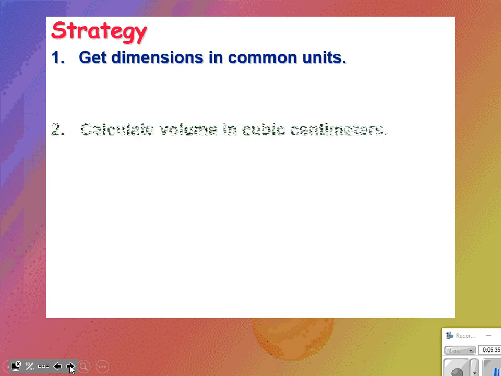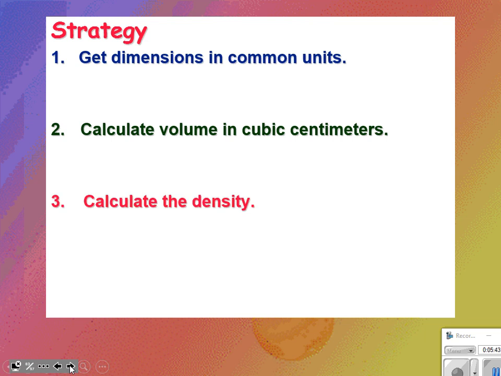We need to calculate the volume then in cubic centimeters. And then we can calculate the density. So those are the 3 steps that we need to follow. We need to get common units, everything in centimeters. We need to then do length times width times height to get my volume in cubic centimeters.